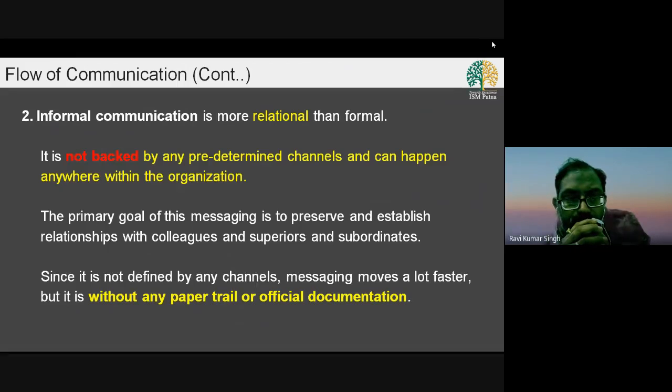For example, people from marketing are discussing with finance department people because they have friendship with each other. They are having some discussion which is not official. The primary goal of this communication is to preserve and establish a relationship with colleagues, superiors and subordinates. The purpose is building and maintaining relationships among the members of the organization.